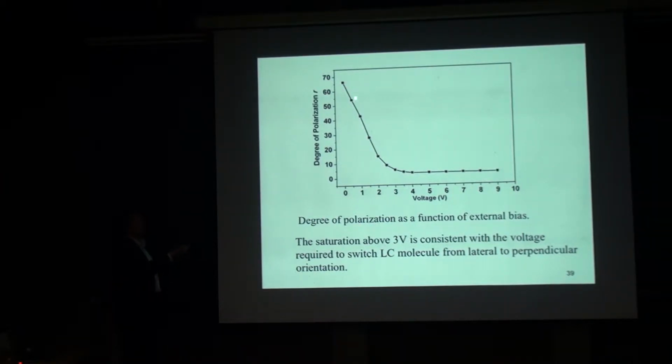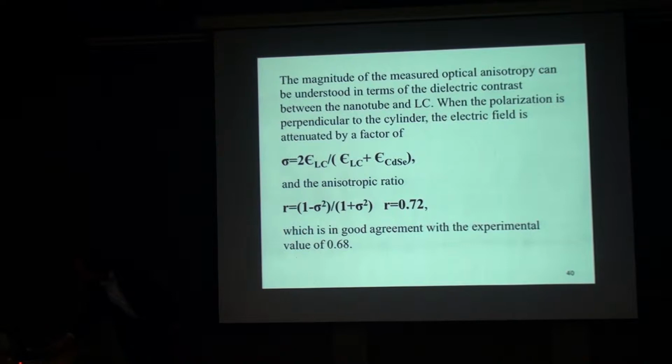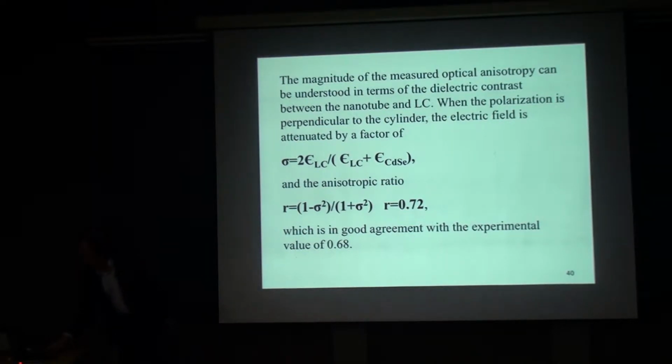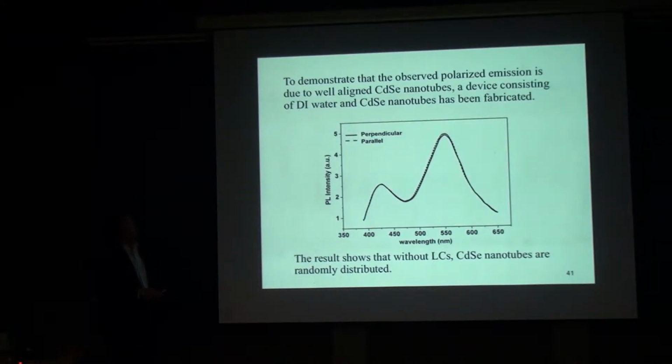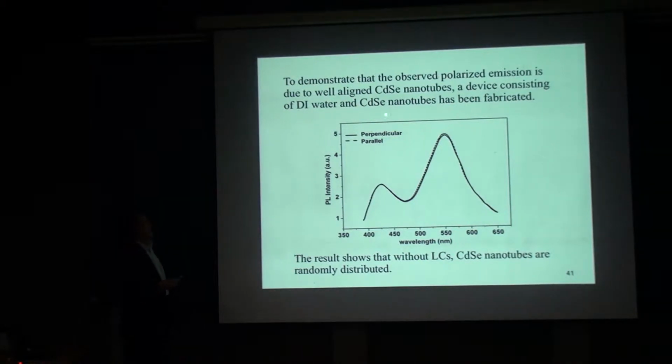Therefore, the degree of polarization can also be changed. So this shows the degree of polarization is consistent with the theoretical calculation. Okay. If this evidence is not enough, we can replace this right now.